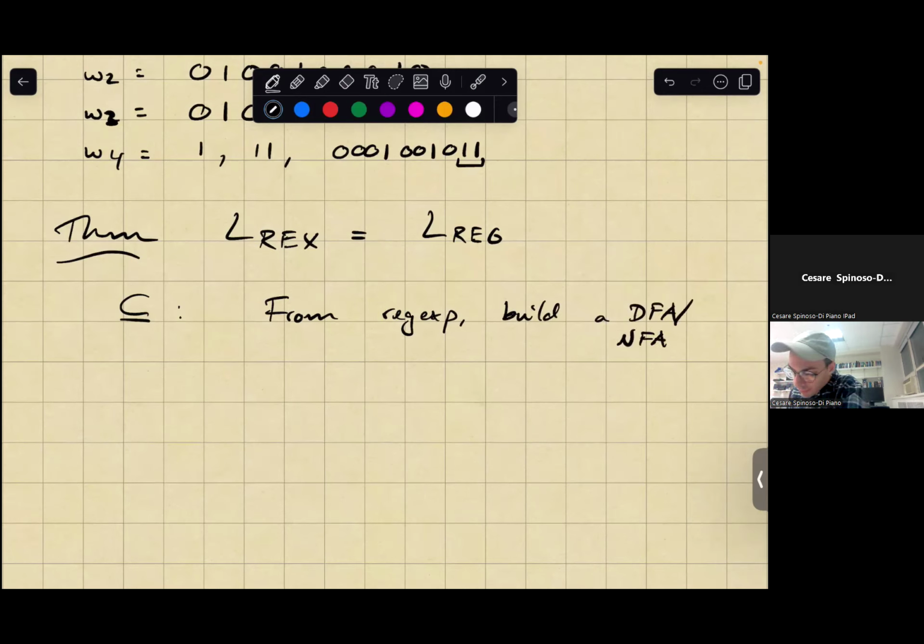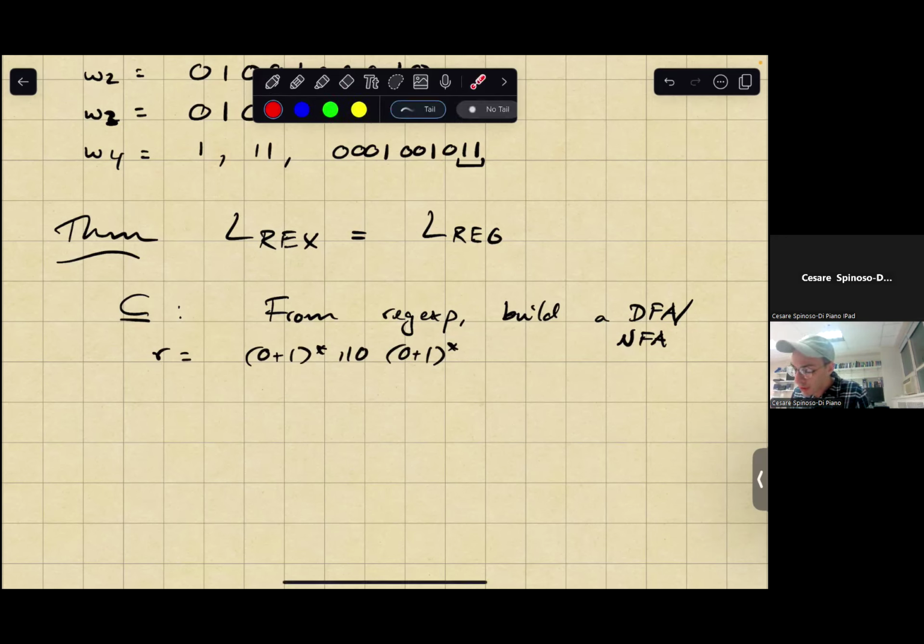So for instance, if we take the example we started with, R is (0+1)*110(0+1)*. Really, we just have to take the logic of the regular expression and map it to an NFA, right? There's a formal procedural way of doing this, but if you just want to do it quickly, that's really just the trick, okay?